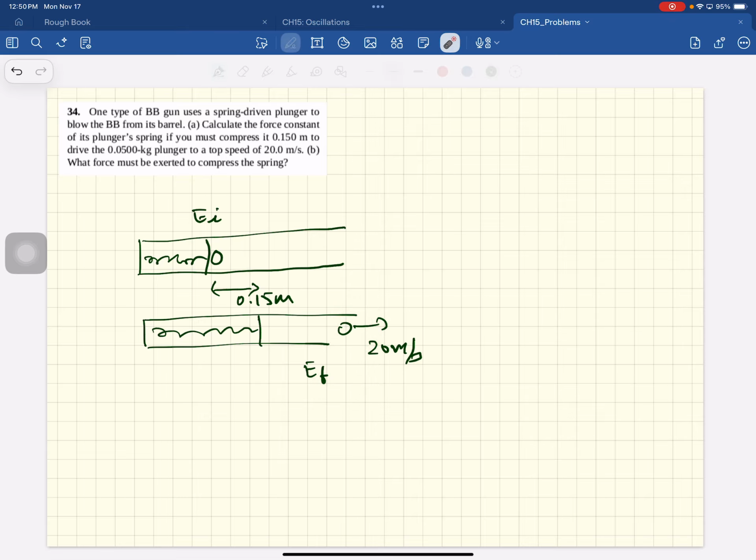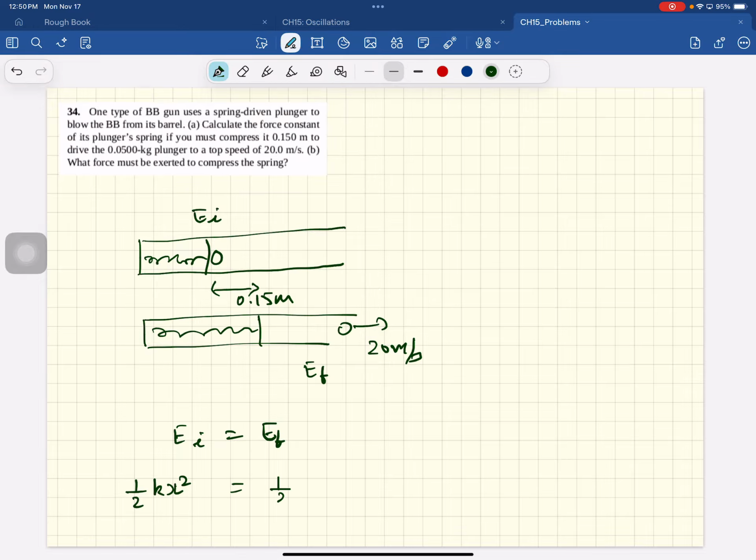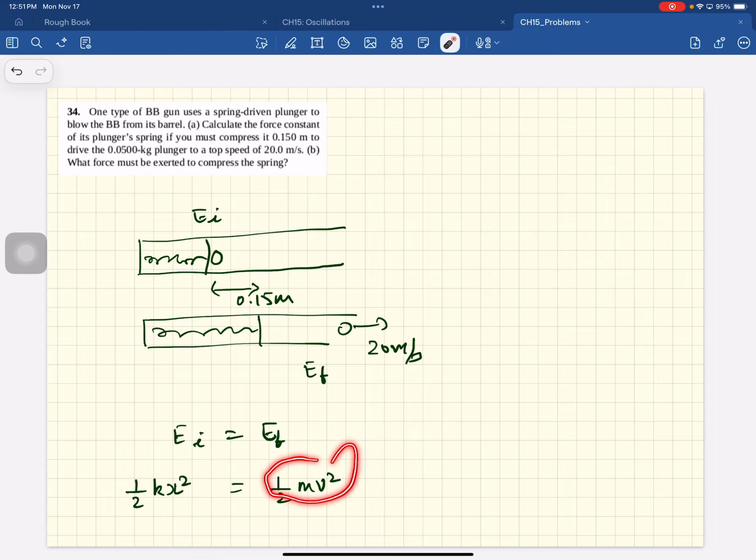Okay, so mechanical energy is conserved here. So 1/2 kx squared equals 1/2 mv squared. We know the mass of the plunger, we know the speed at which it comes out, we know how much you have compressed the spring, and you can calculate the spring constant.